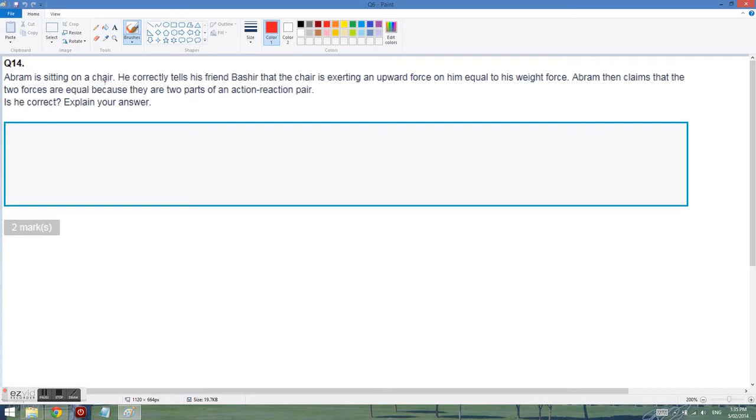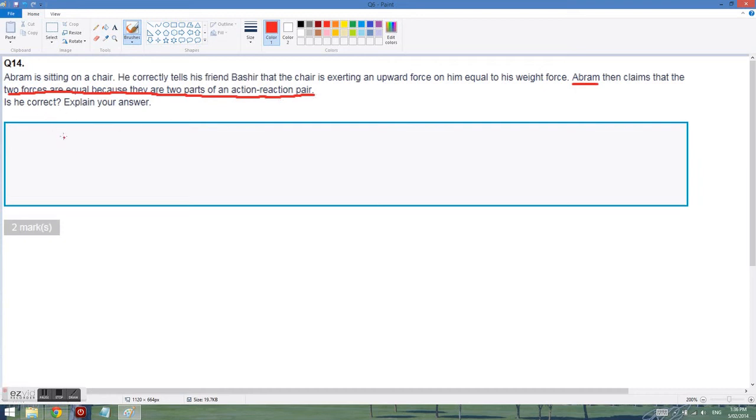He tells his friend that the chair is exerting an upward force on him equal to his weight force. Then Albert, the other guy, claims that the two forces are equal because they are two parts of an action-reaction pair. Is he correct? Yes or no?